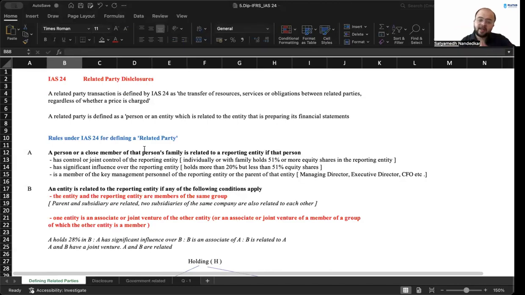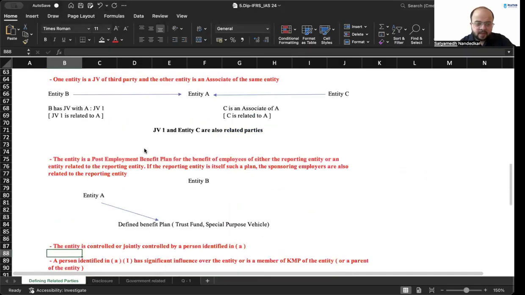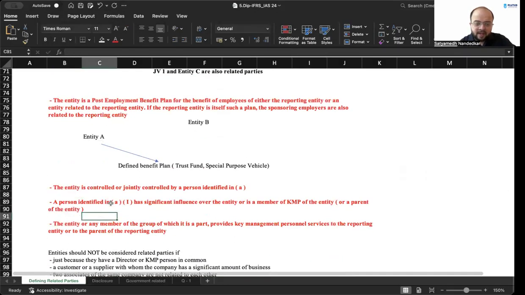An entity is related to a reporting entity if the entity is controlled or jointly controlled by a person identified above. Now, the person identified in A1 has significant influence over the entity or is a member of the key managerial person of the entity.